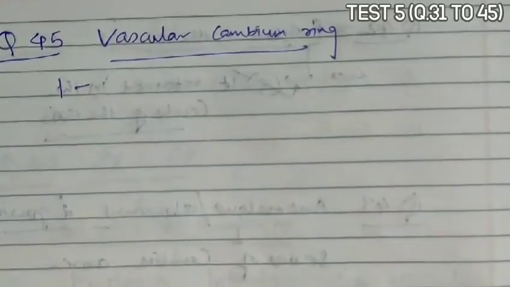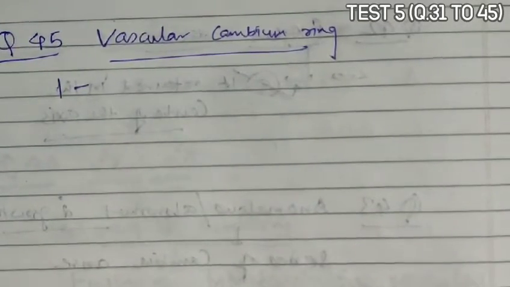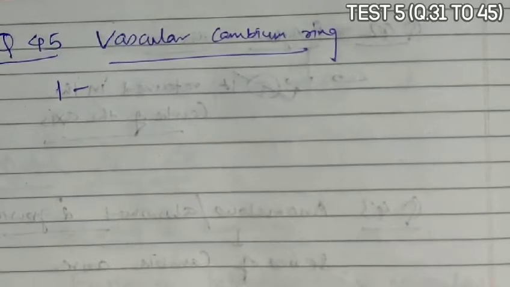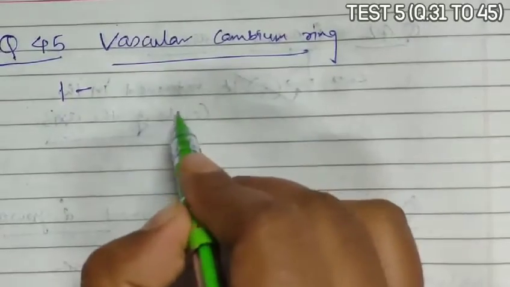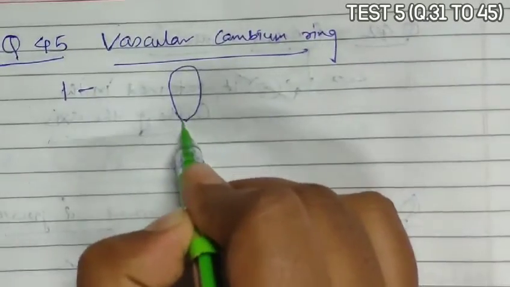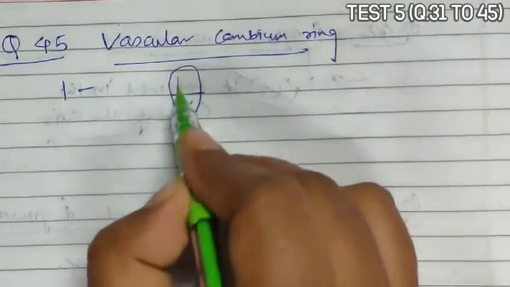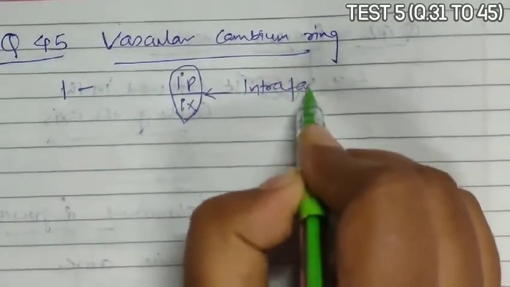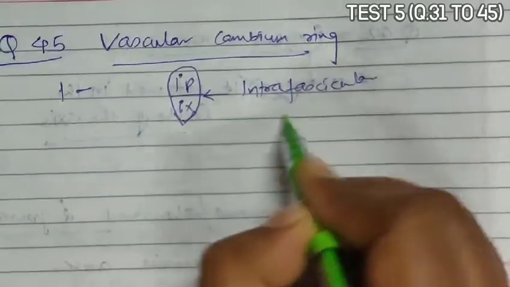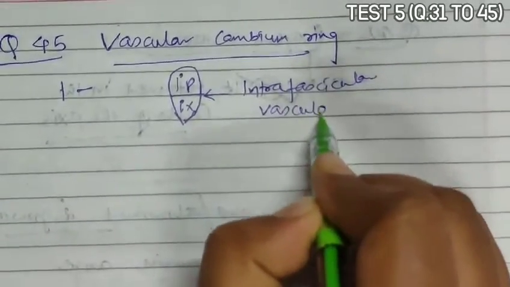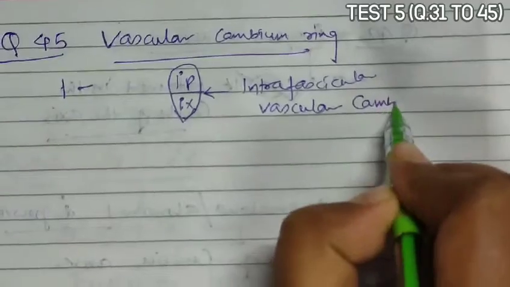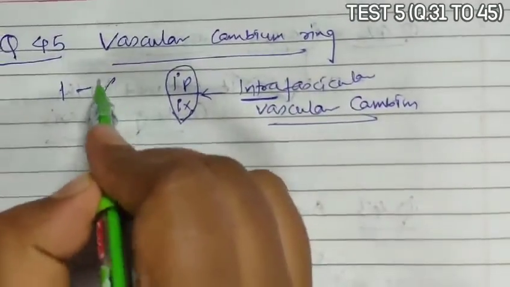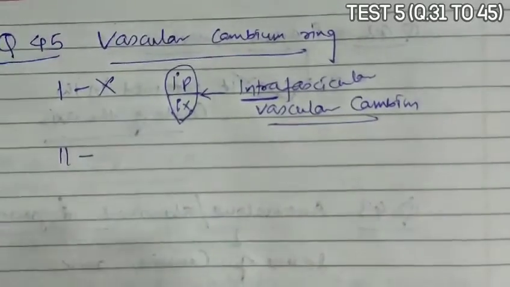The first statement says that in a vascular bundle the cambium present between the primary xylem and primary phloem is called interfascicular cambium. We remember that between primary xylem and primary phloem there is intrafascicular vascular cambium. Intra, not inter. So this is an incorrect statement.